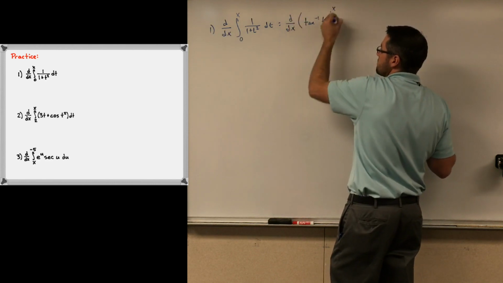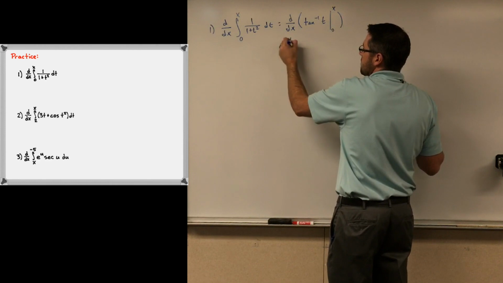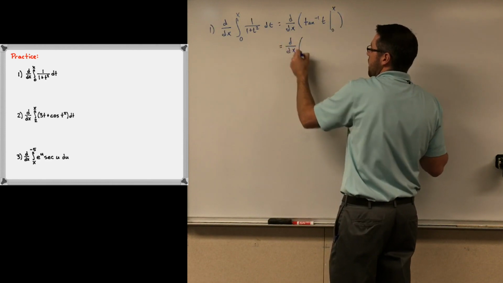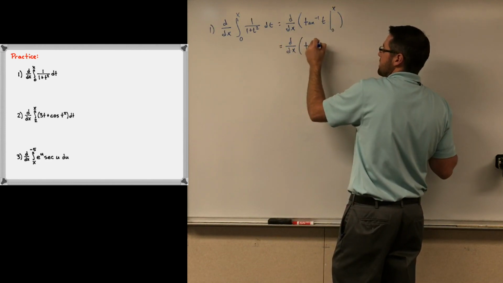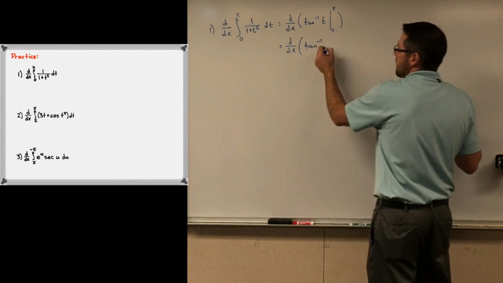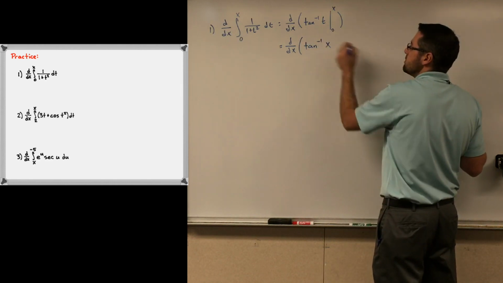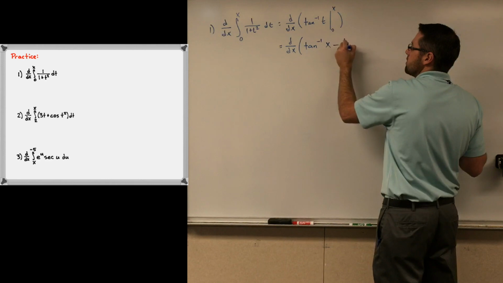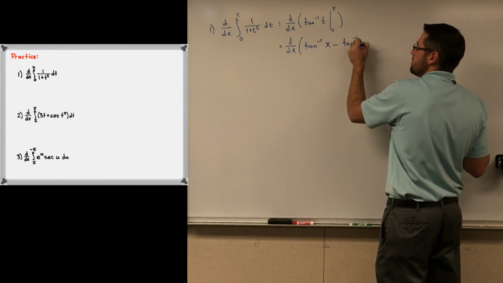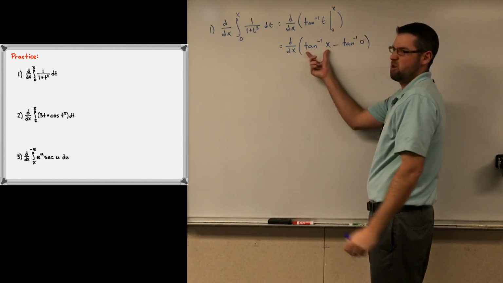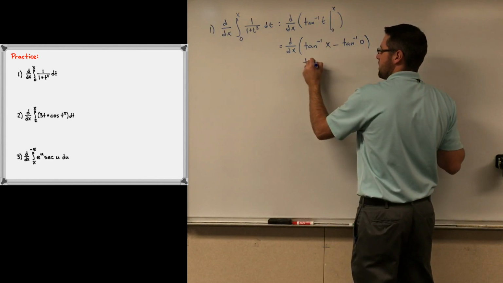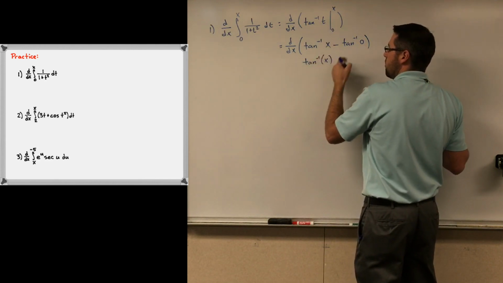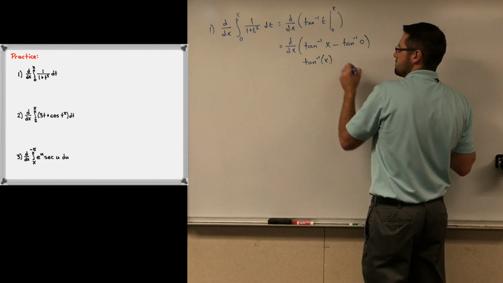And we're going to do this part first. So that's equal to the derivative, whatever that is, of the arctangent of x minus the arctangent of 0. We don't know the arctangent of x, so we'll just leave that the way it is. What is the arctangent of 0?